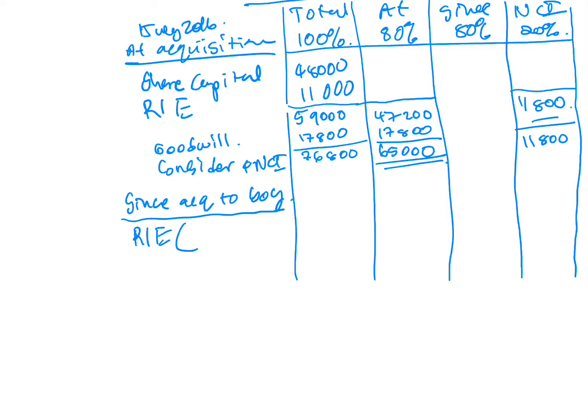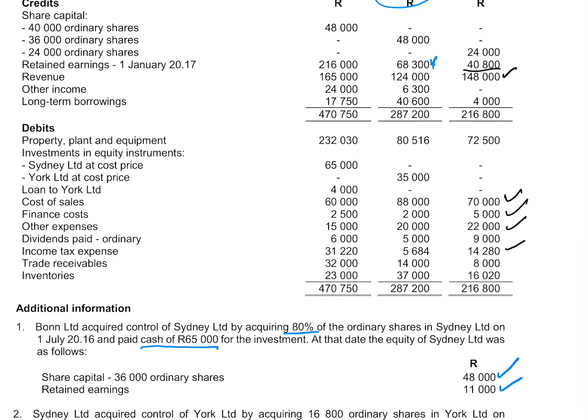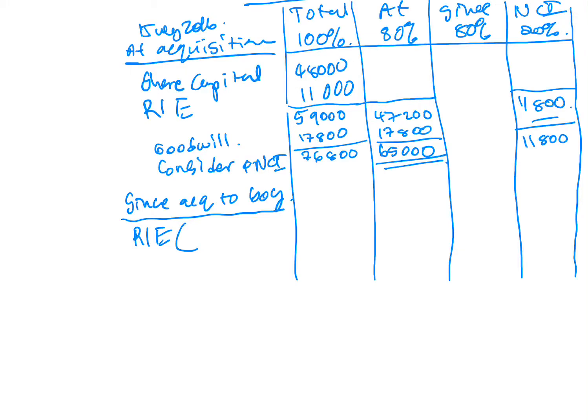So retained earnings at the beginning of the year are 68,300. But when we acquired this entity, the retained earnings were 11. So basically what we're looking at is the movement from 11,000 to the current retained earnings of 68,300.